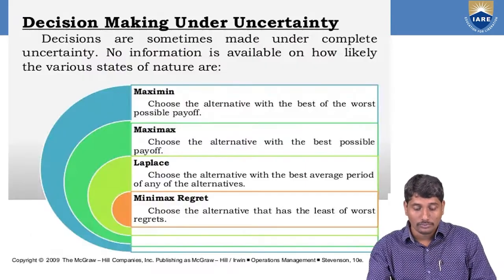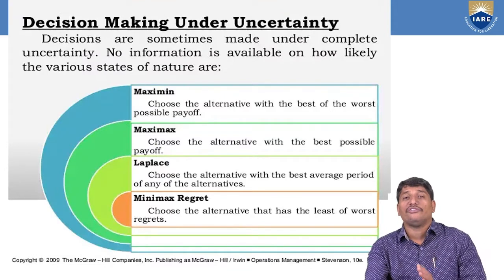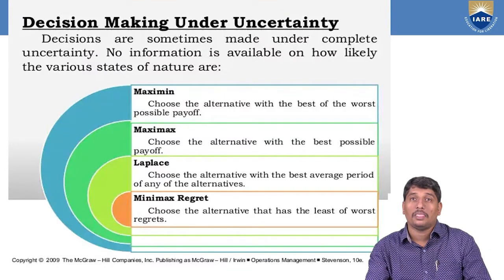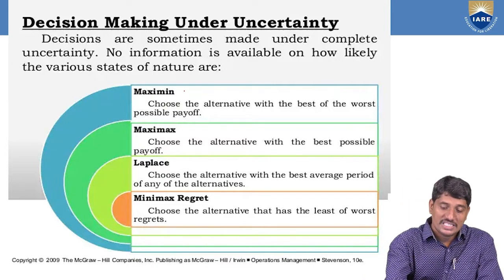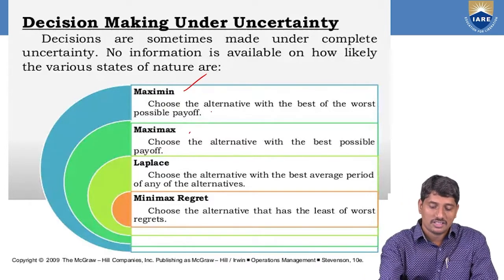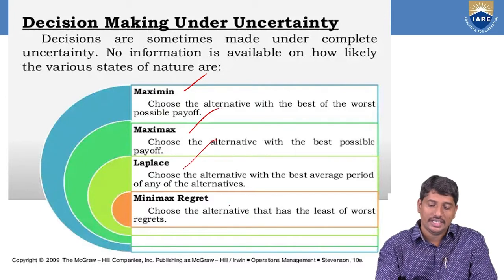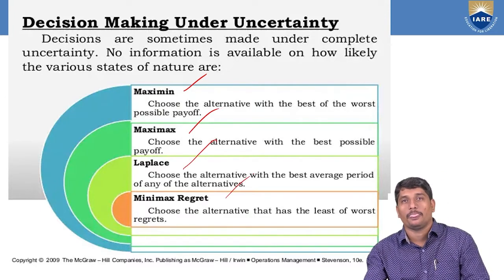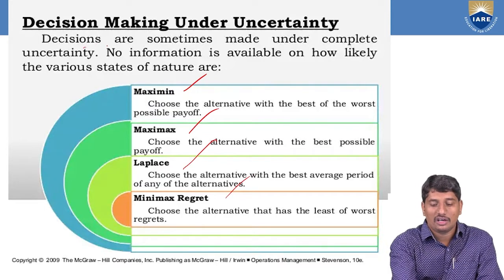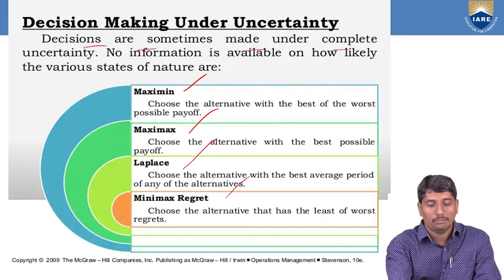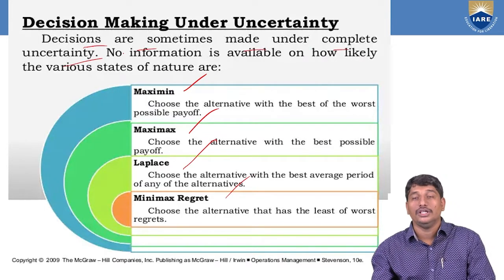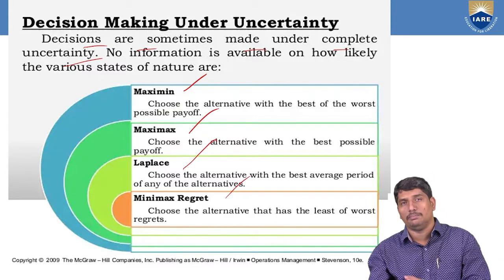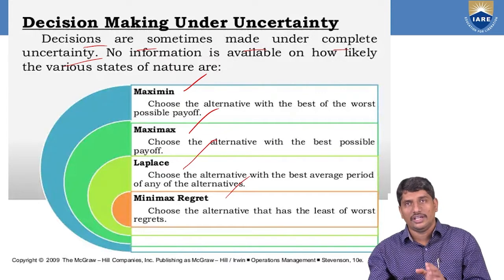Now, what are the different criteria in decision making under uncertainty? They are the Maximin criteria, Maximax criteria, Laplace criteria, and Minimax Regret criteria. Decisions are sometimes made under complete uncertainty, so that is why we need decision theory.